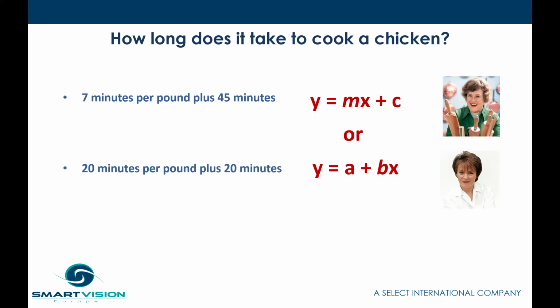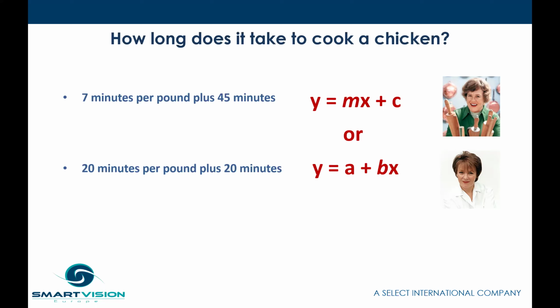Sometimes this equation is expressed in mathematics as y equals mx plus c, or sometimes in statistics as y equals a plus bx. It's the same equation, just different letters swapped around. The point is that we have what's called a coefficient. We have the actual value of the independent variable, which is the weight of the chicken, and we have this plus 20 minutes or plus 45 minutes, which is the constant, the bit you add on.